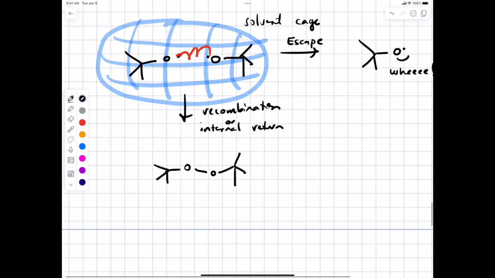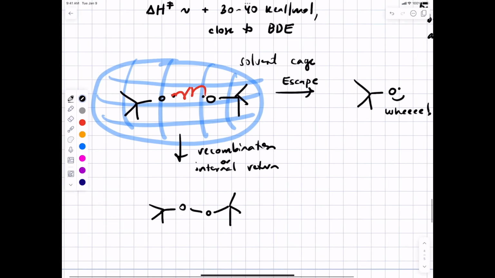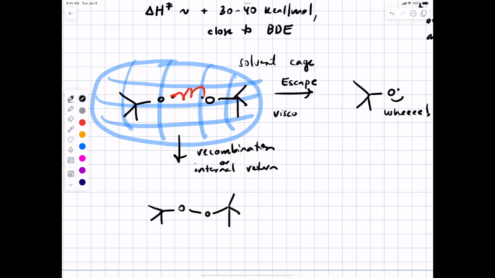If the solvent is viscous, I guess, that will slow escape. Viscosity refers to how tightly the molecules in the solvent are holding on to each other, and if they're holding on to each other more tightly, it's tougher to get them out of the way so that you can escape.